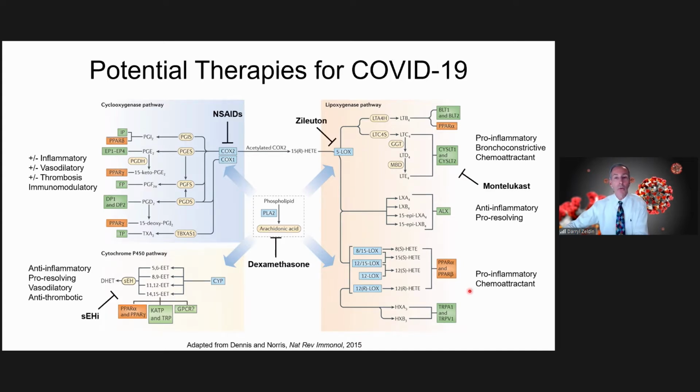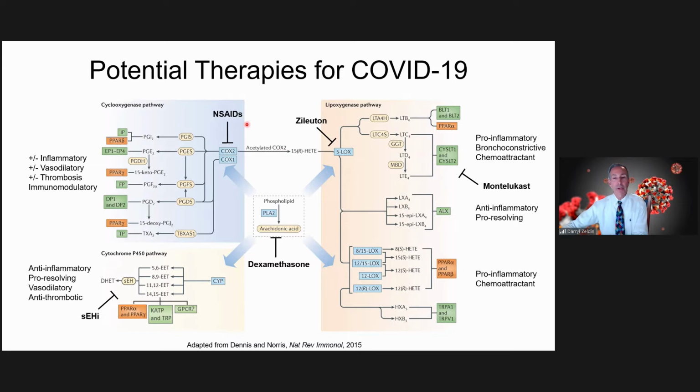So given their known roles in regulating inflammation and immune cell function, several eicosanoid pathway inhibitors have been proposed for the treatment of COVID-19. For example, dexamethasone inhibits phospholipase A2 release of arachidonic acid, and it's been used to treat a variety of inflammatory disorders, including COVID-19. Both zileuton and montelukast work on the 5-lipoxygenase pathway and are used clinically to prevent inflammation and asthma.